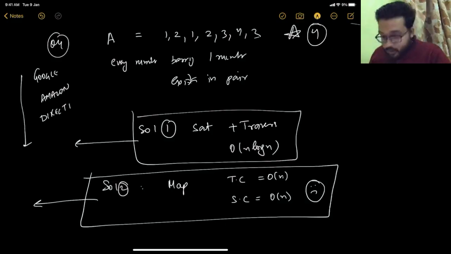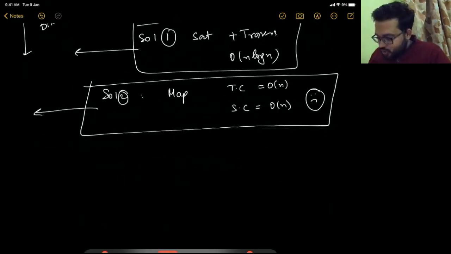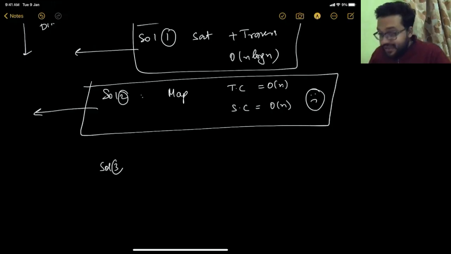The moment you see your number again in the XOR operations, its contribution becomes 0. So why not XOR all the numbers, and all the numbers that existed in pairs will become 0, and my answer will essentially be the one I was looking for.